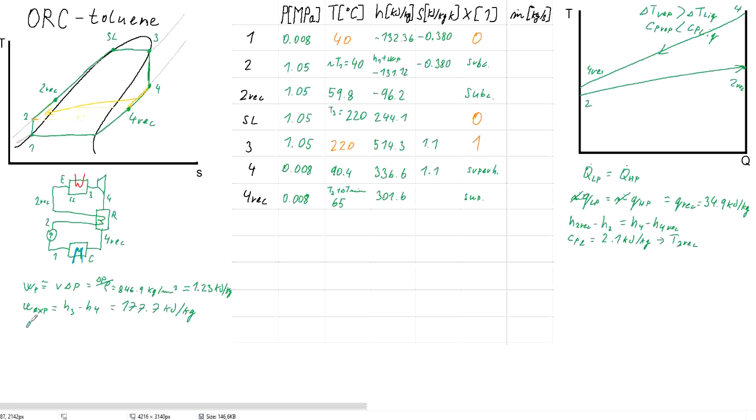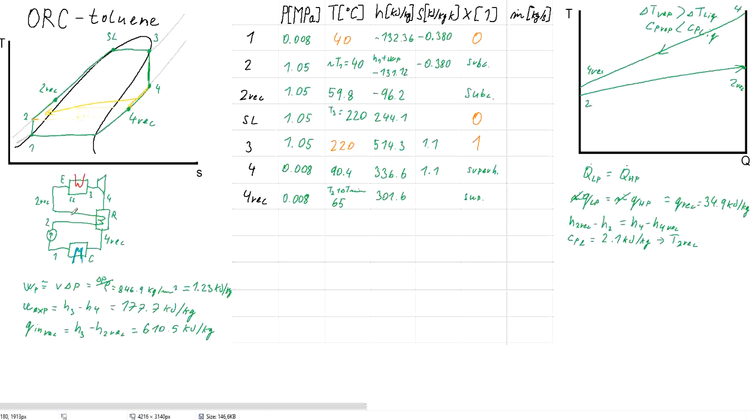Heat input, in case of the recuperation, is the enthalpy 3 minus enthalpy 2 recuperated, which is 610.5 kilojoules per kilogram.